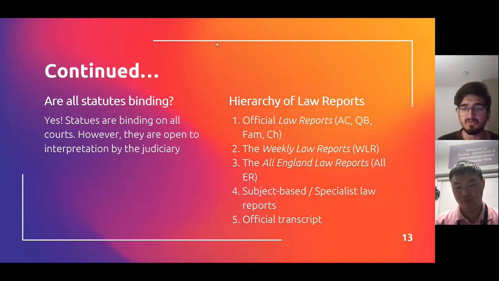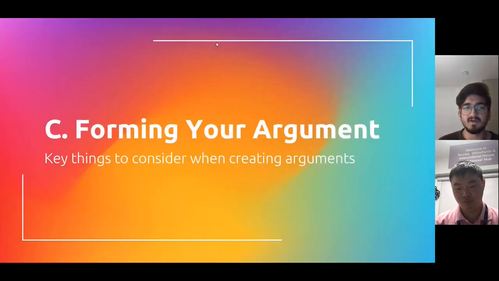You also have weekly law reports, and then the All England Law Reports, and then you also have subject-based and specialist law reports and official transcripts from the cases themselves.